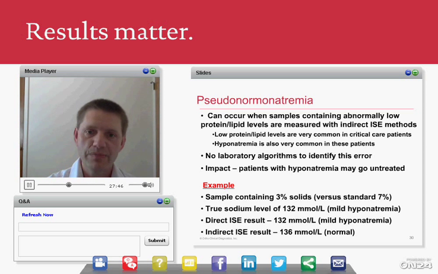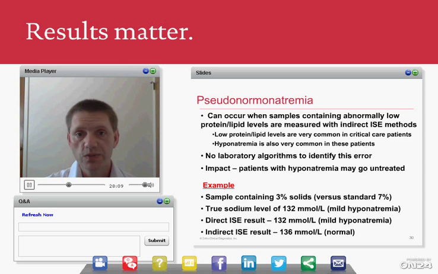Typically, there are algorithms to catch things that are out of range when they shouldn't be. It's less common to have algorithms that identify when something falls within the normal range but shouldn't. So the impact is that patients with hyponatremia may go untreated.